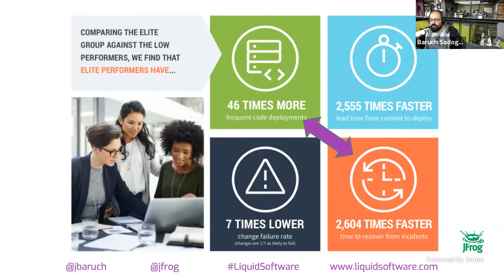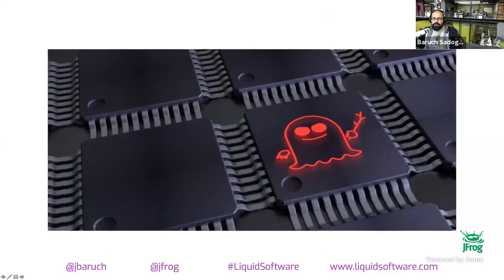And the third driver for liquid software is security. So I don't know if you remember, it's old news by now, but about this time last year, a year ago, Google revealed a couple of very disturbing CPU vulnerabilities, namely Meltdown and Spectre.